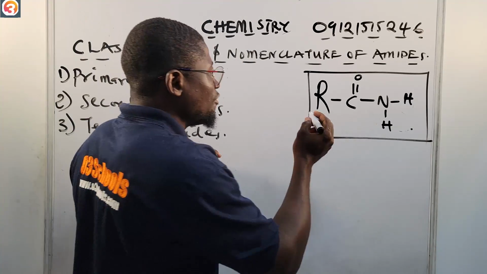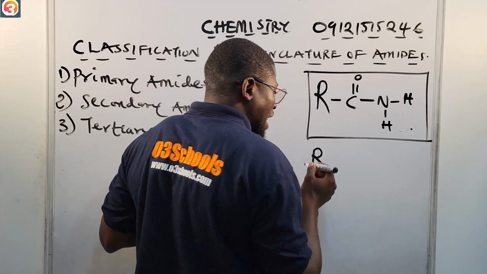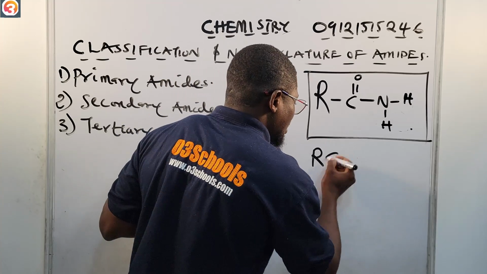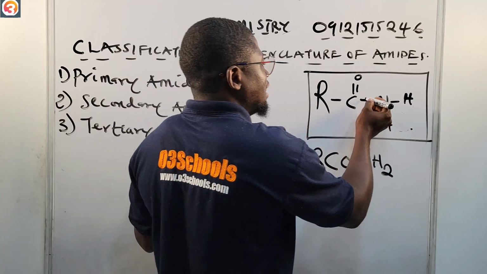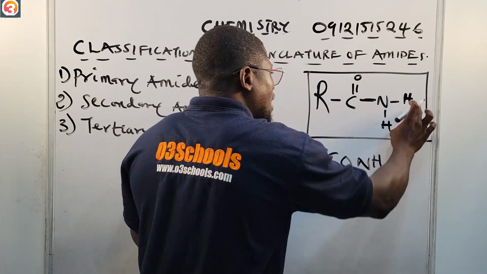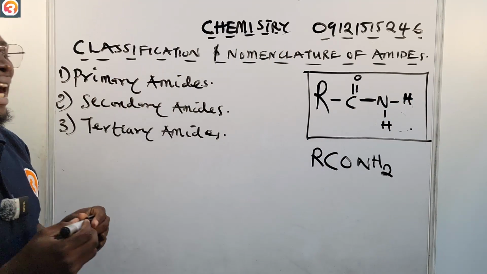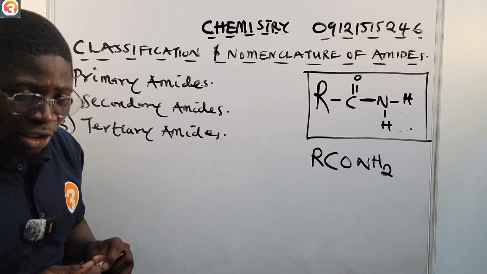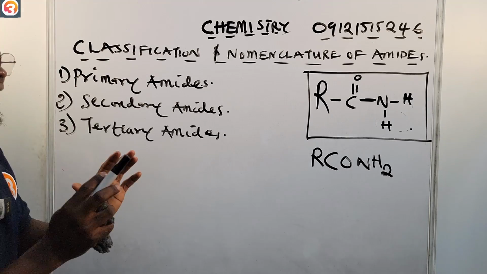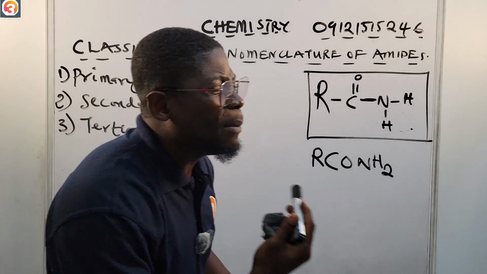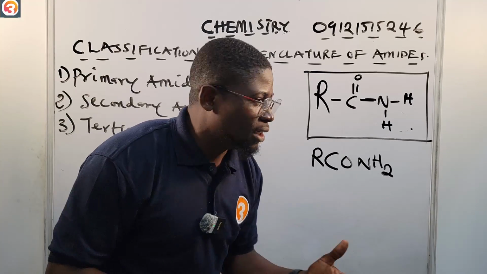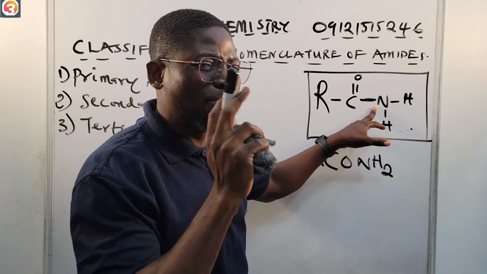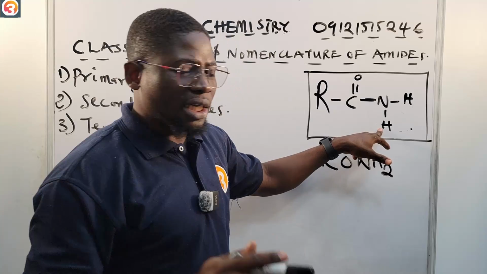The general formula for primary amides will just be our general formula for amide, which is RCONH2. The nitrogen is bonded to two hydrogen atoms. That is our primary amide. So please take note of that. In the form of a definition, a primary amide is one where the nitrogen atom is bonded to two hydrogen atoms.